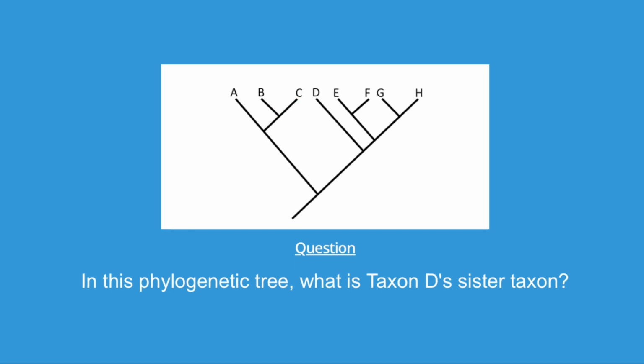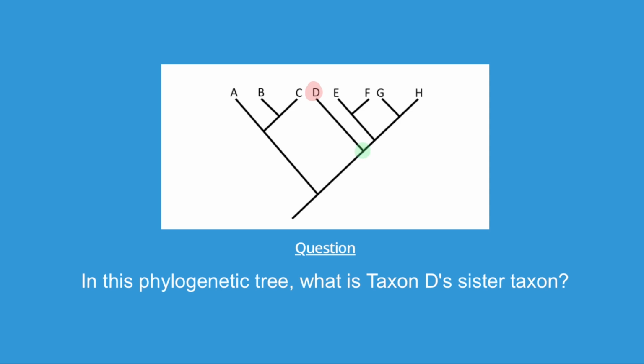One more question. In this phylogenetic tree, what is taxon D's sister taxon? So here is taxon D. Let's highlight it. And what is going to be the sister taxon of taxon D?